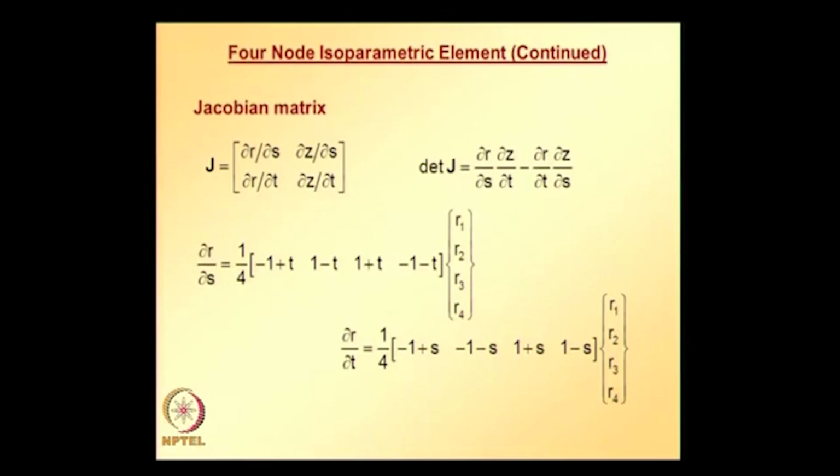Similar expressions, that is partial derivative of z with respect to s and partial derivative of z with respect to t, can also be easily written, and finally once we have these expressions, we can easily calculate the Jacobian matrix and determinant of Jacobian.